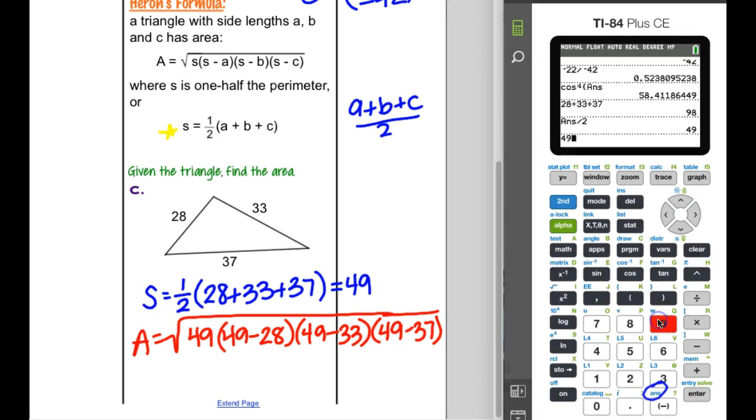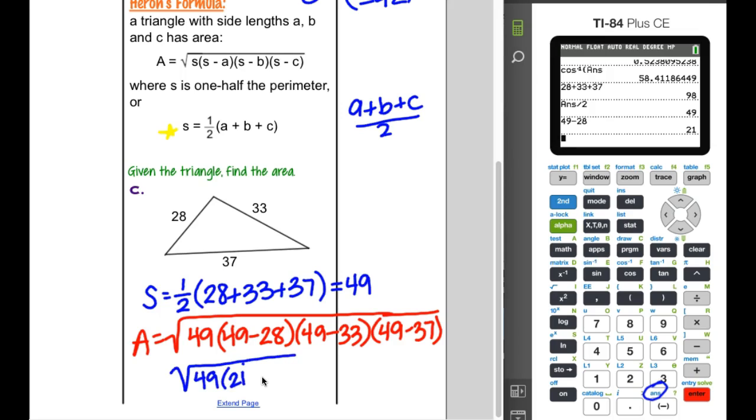So 49 minus 28 gives us 21. So I've got the square root of 49 times 21. And I'll fill in my spots here. Then we take 49 minus 33, which is 16. And then 49 minus 37. Now, yes, I don't need to do these on the calculator, but I am because it'll make life easier.